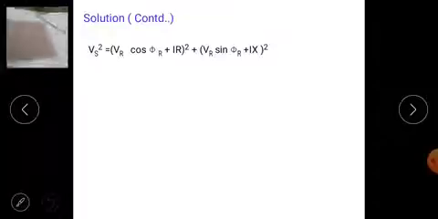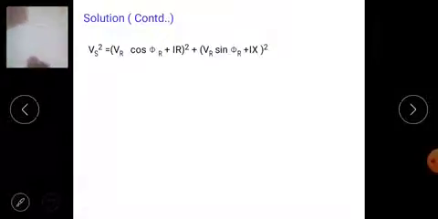So we have to find the value of Vs square. Vs square is equal to (VR cos phi r plus IR) whole square plus (VR sin phi r plus I into XL) whole square.